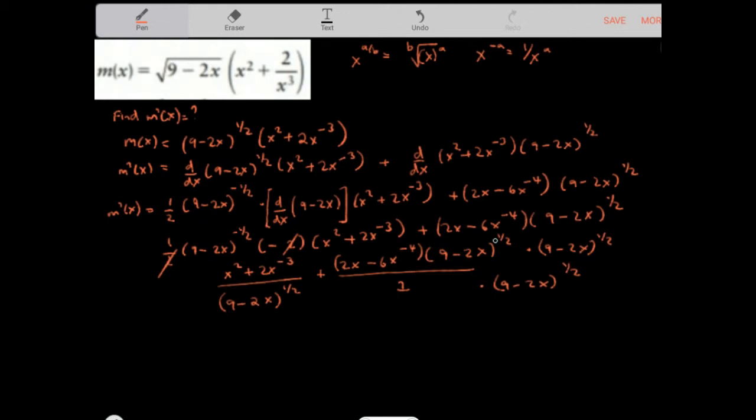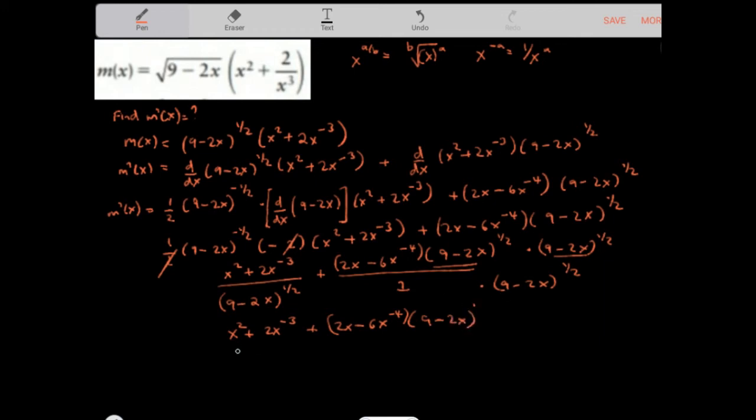Because you have the same base and you're multiplying, the exponents will add up. So you basically get x squared plus 2x to the power negative 3, plus 2x minus 6x to the power negative 4, times 9 minus 2x to the power 1.